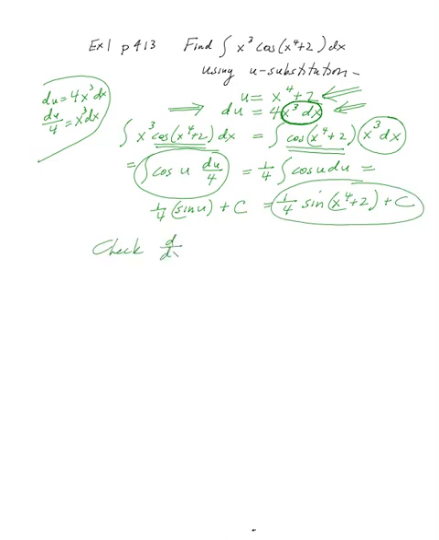How can I check? Take the derivative of what I think is my antiderivative and see if I don't get the original integrand. 1/4 comes out front. Derivative of sine is cosine. But I've got to multiply by the derivative of the inside.